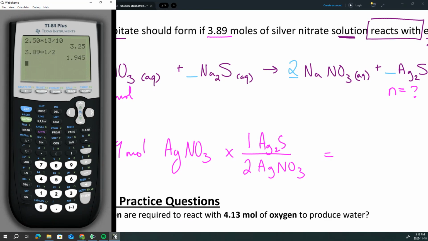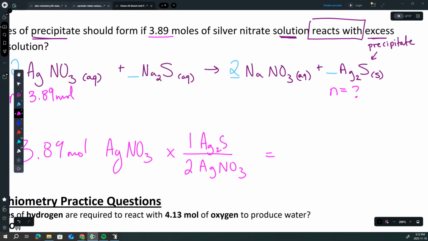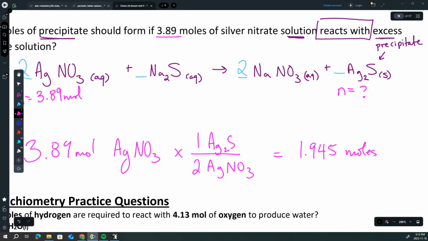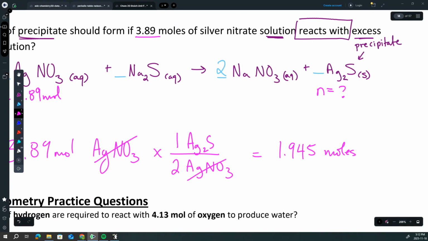Okay, so we get 1.945. And that's moles. And if you treat silver nitrate kind of like a unit, you have the same thing on the top and the bottom, so they cancel out. So we got 1.945 moles of silver sulfide. And remember, we also have to take into account sig digs.